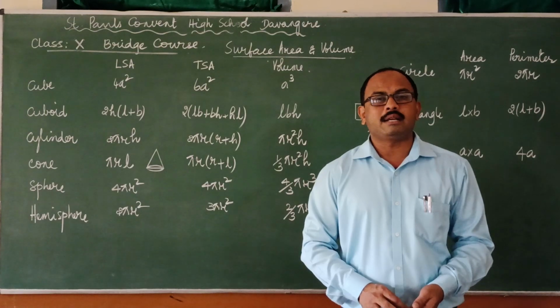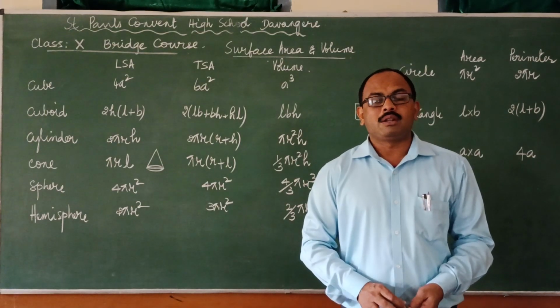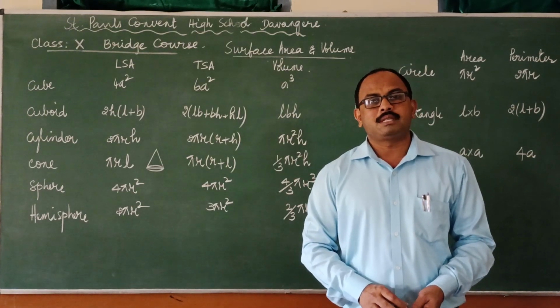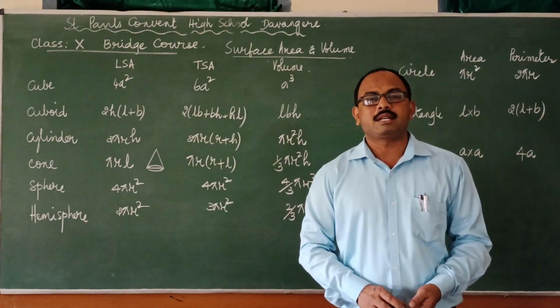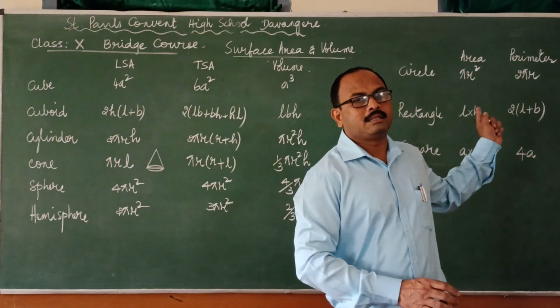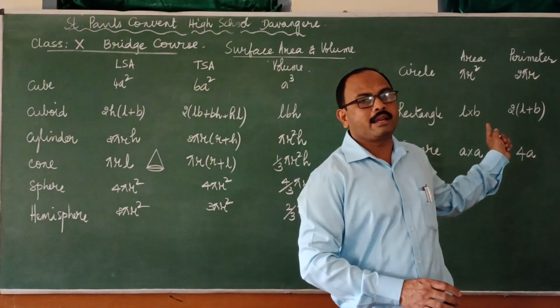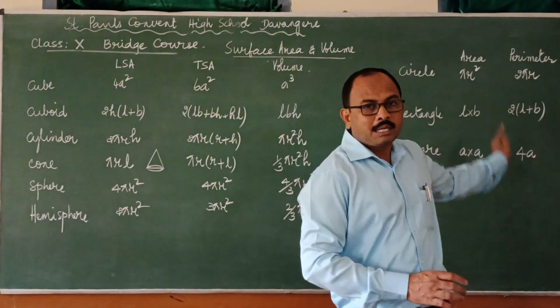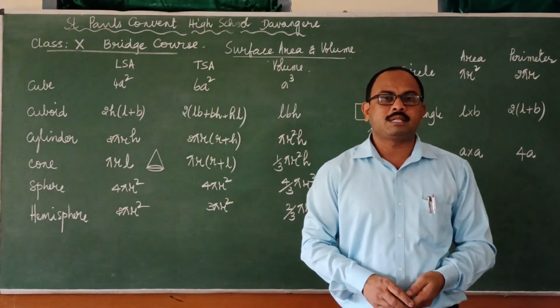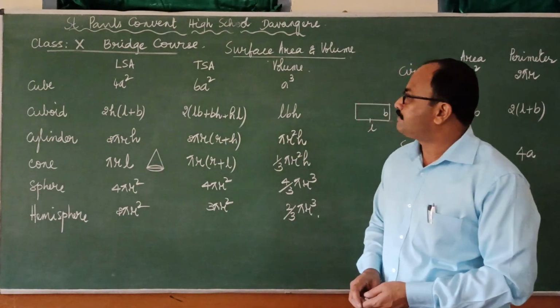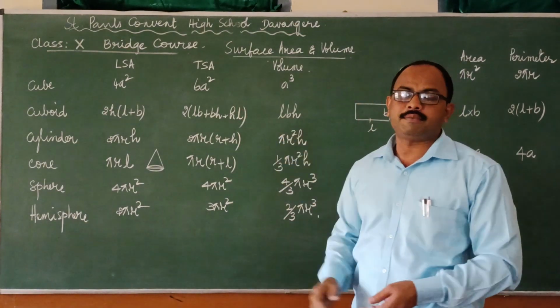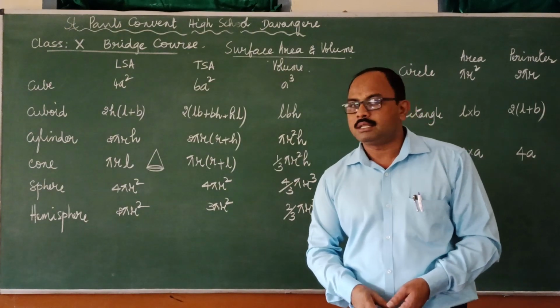Unless you understand, you cannot work out any of the problems in that lesson. Please try to remember the area or perimeter of these basic two-dimensional shapes, plus the lateral surface area, total surface area, and volume of these solids.